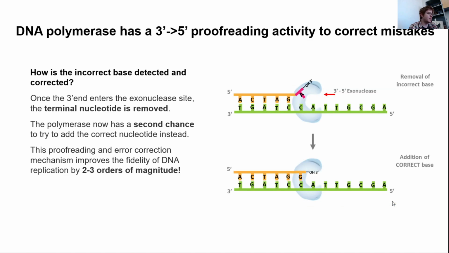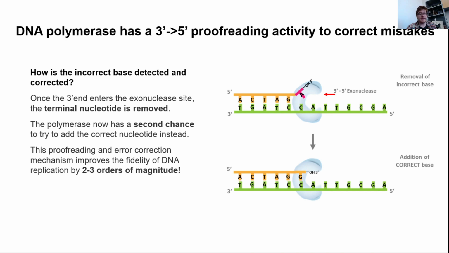And once the 3' end has actually entered the exonuclease site, because it's there, the terminal nucleotide can be removed. And once it's removed, the polymerase is going to have a second chance to try to add the correct nucleotide instead.